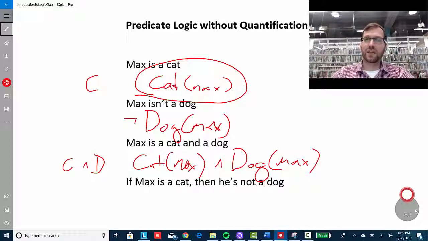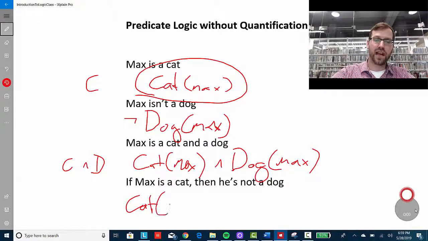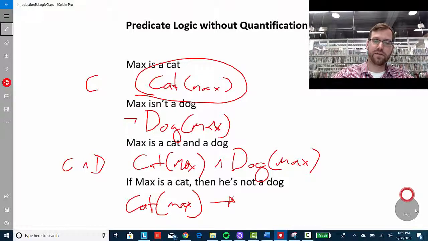So that says Max is a cat and Max is a dog, which is the same thing as saying Max is a cat and a dog. And in the last sentence, we would use the arrow again with a negation. So we have Max is a cat, as we have seen. And it's if-then, so as we saw before, that involves the arrow.